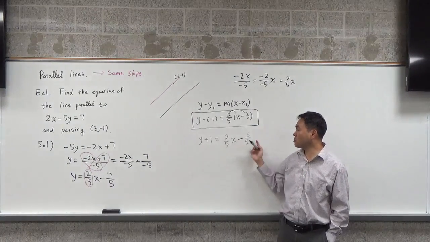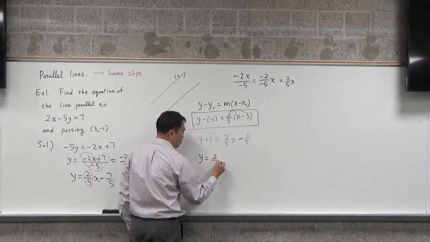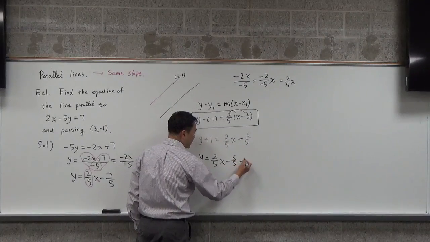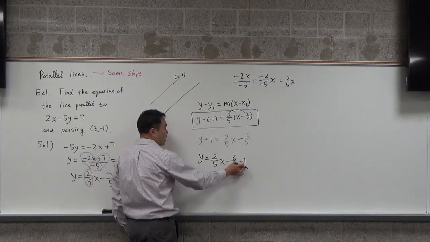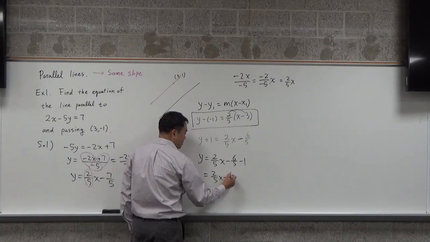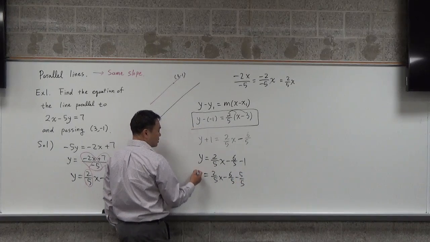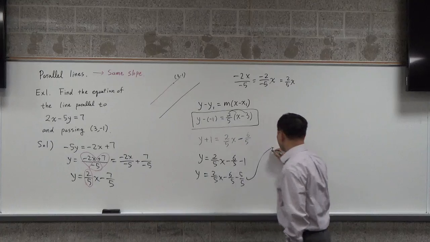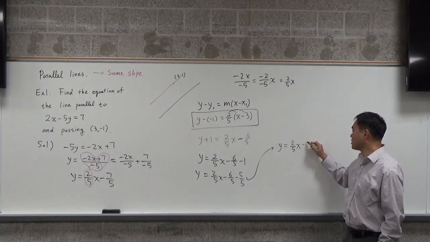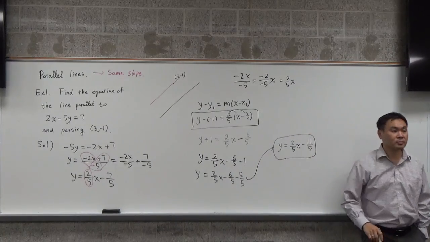And then you subtract 1 from both sides, and you get y equals 2 over 5x minus 6 over 5 minus 1. But 1 is 5 over 5, right? So this will be 2 over 5x minus 6 over 5 minus 5 over 5. And finally, this is going to be y equals 2 over 5x minus 11 over 5. So that will be the answer. Is that okay?